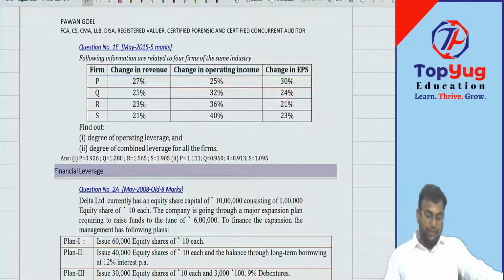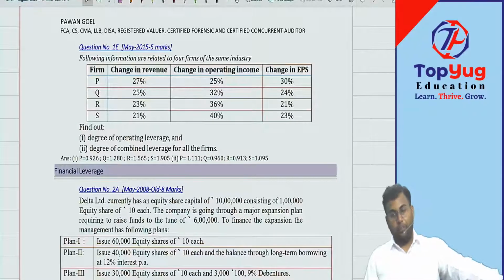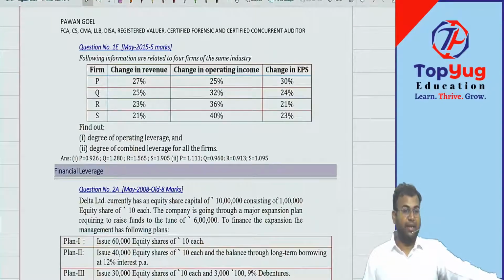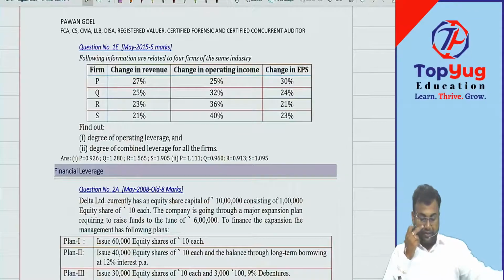Now you have a similar problem, but here they are asking you not only to calculate the operating leverage but also the combined leverage. Can you quickly do it? Yes. Problem number 1E.